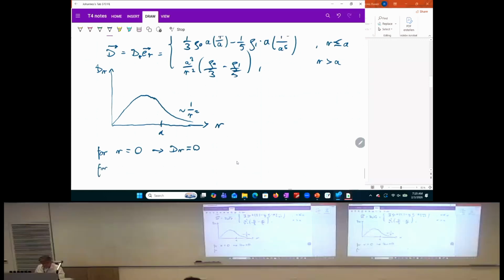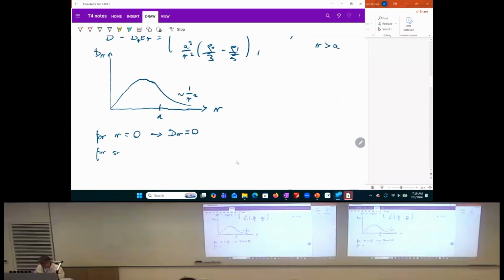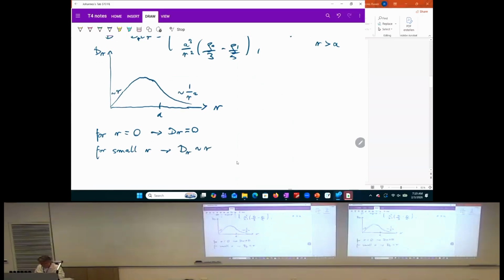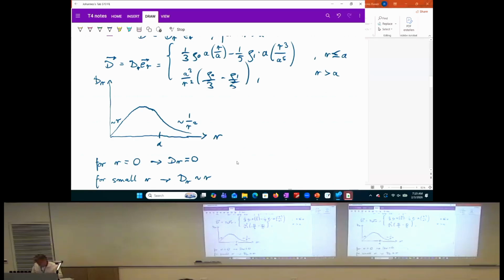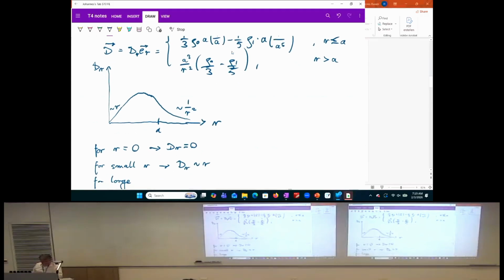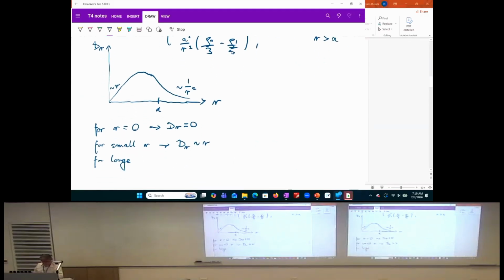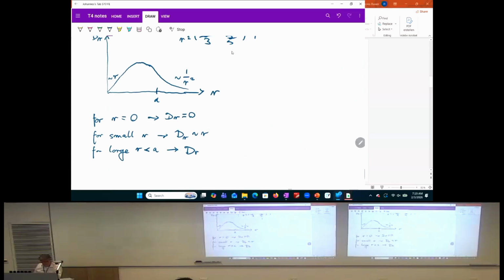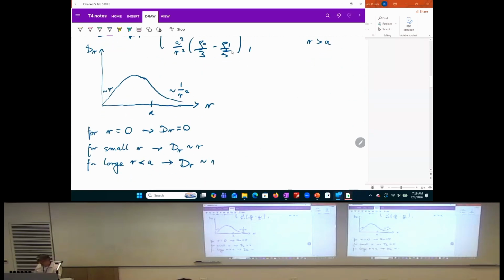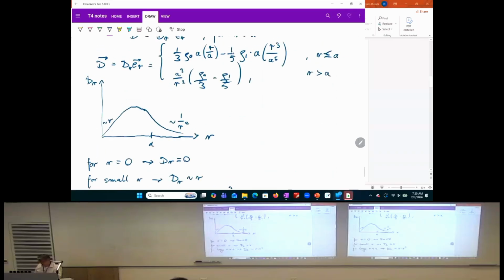For small R, you have a D_r which is actually proportional to R. For small R, this term here will dominate. And for large R, yet smaller than A, the component of the electric flux density will be proportional to R minus R to the power of 3.